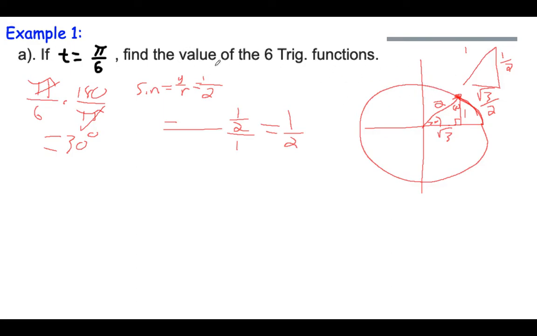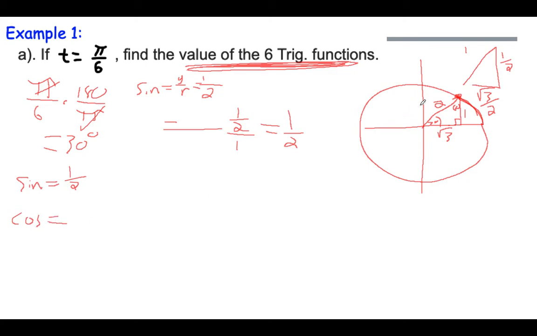So if you're trying to find the values for the trig functions, you don't necessarily have to do this work to put it on the unit circle. Sometimes it's tricky knowing when you have to and when you don't. For these types of problems, when you're finding sine, cosine, tangent, you don't need to, because the ratios will be the same. So sine is 1/2.